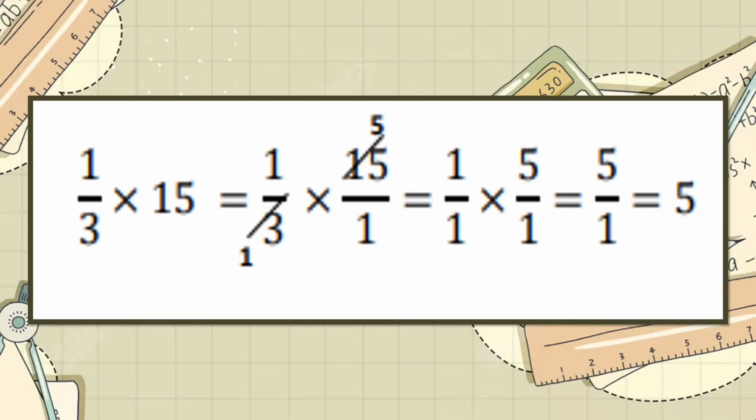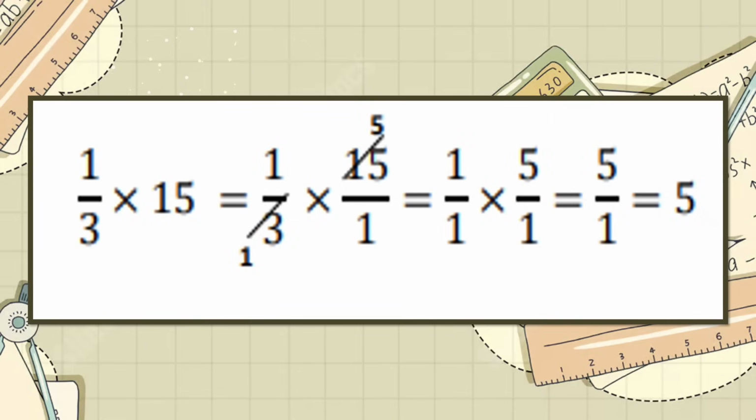So this example is done by the cancellation method. 1/3 times 15 is equal to 1/3 times 15 over 1. Since 15 is divisible by 3, we cancel 3 and 15. So 3 divided by 3 is 1, and 15 divided by 3 is 5.